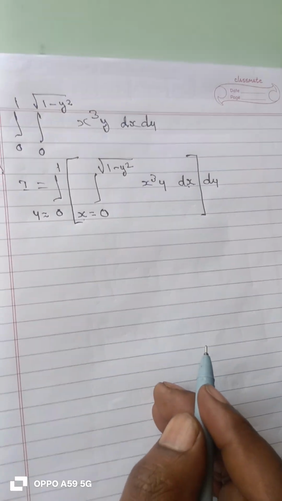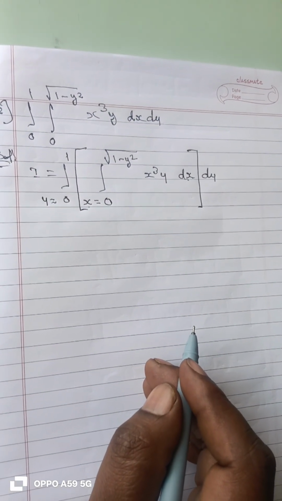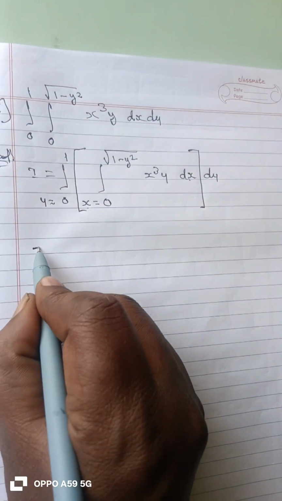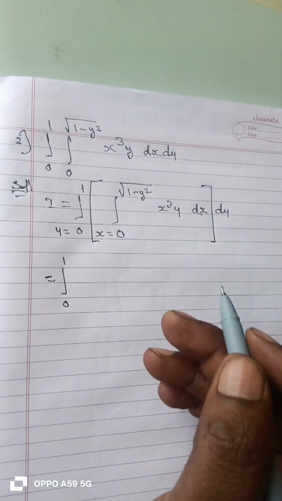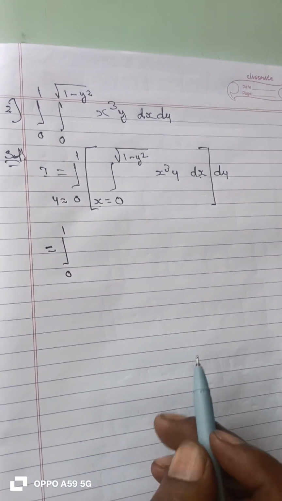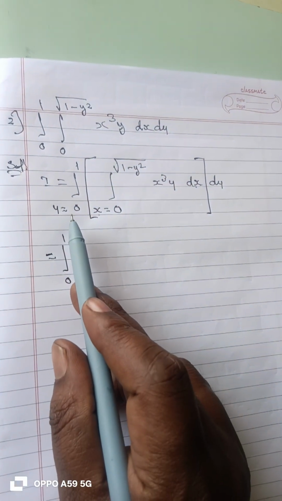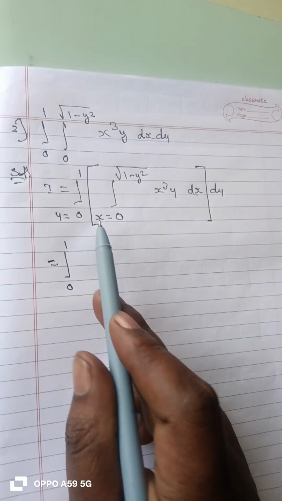So within this box, whatever function and integration I have written, let me do that integration first. In this, the constant you can keep as it is, that is 0 to 1 limit, that is the y limit. I told you already how to find the x limits and y limits in the given integrals.